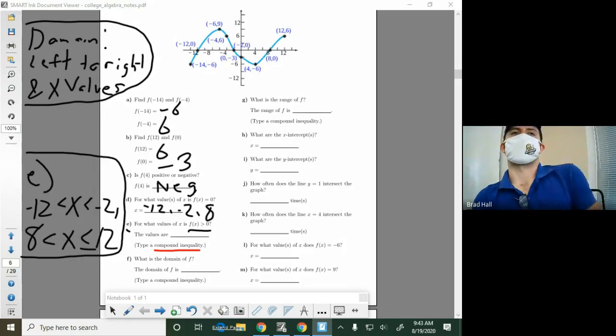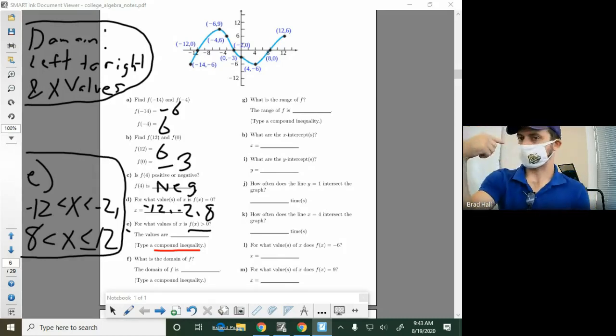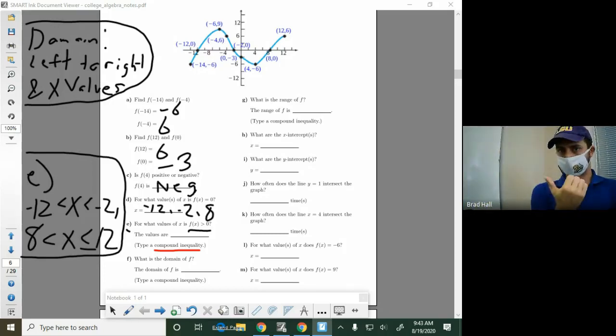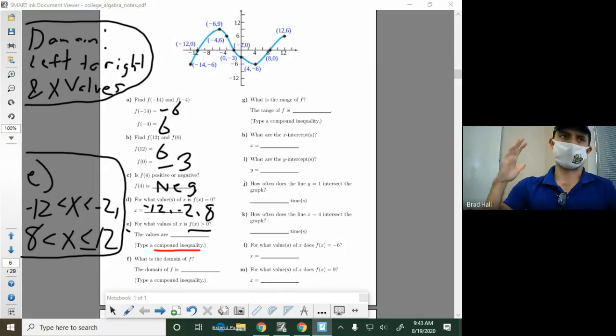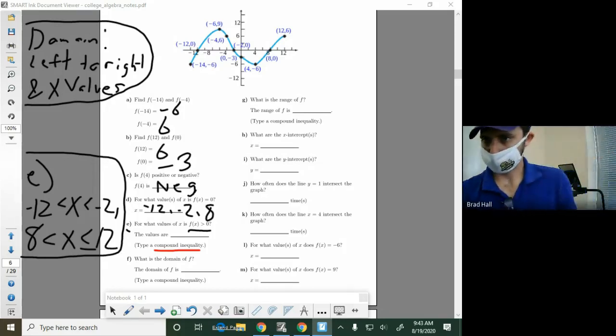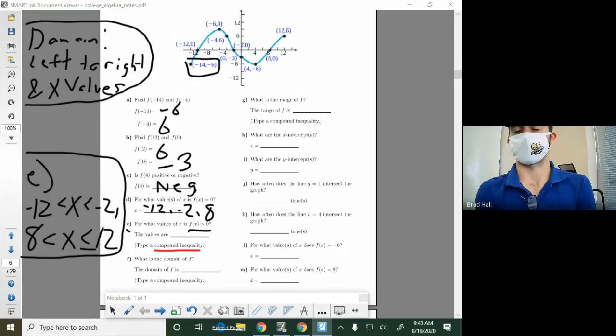So what do I mean by that? Well, the graph goes to the left and the graph goes to the right. As such, and yeah, for Google Meet people, yeah, goes to the left, goes to the right. So find the part of the graph that is furthest to the left. Part furthest to the left is right here. It's the furthest to the left we can go on this graph.